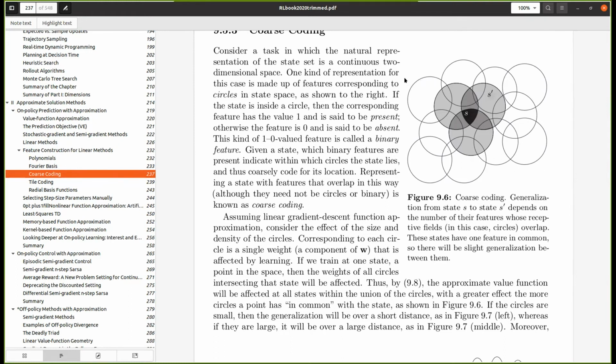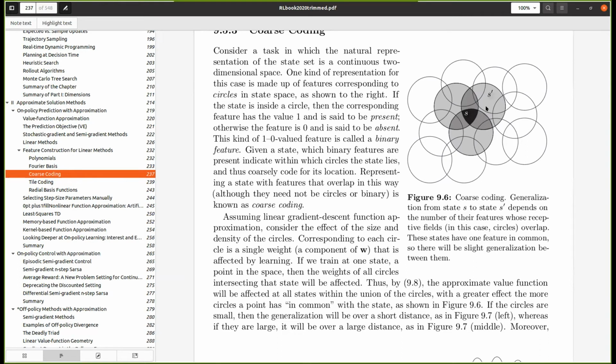So we have a binary vector, not one-hot encoded, of size equal to the number of circles we have here. And for each circle which encircles the state we are interested in, we will have a 1 entry, and for all other circles we have a 0 entry.